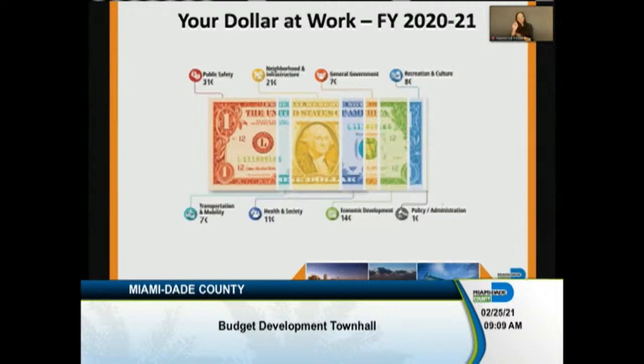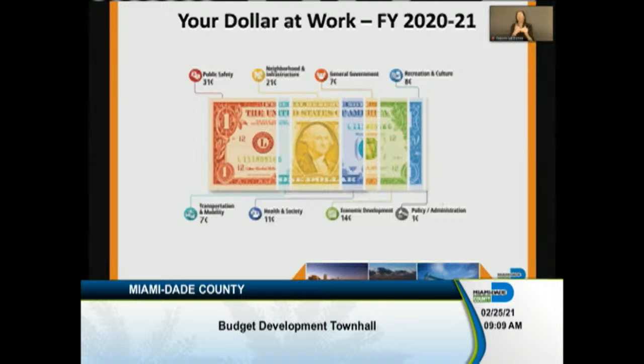As noted earlier, the departments that make up these major service areas are as follows. Transportation and mobility include our Transportation and Public Works Department. Economic development includes our airport and seaport. Health and society includes public housing and the homeless trust.